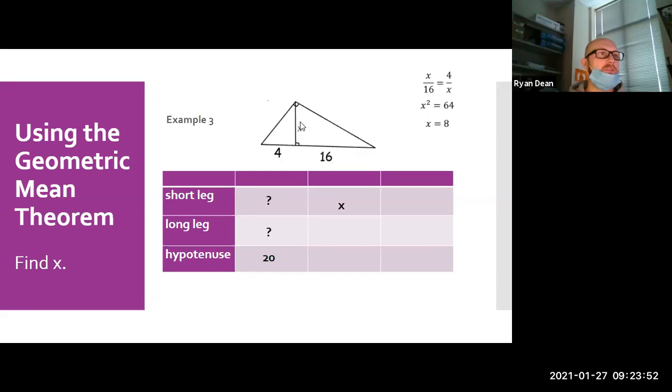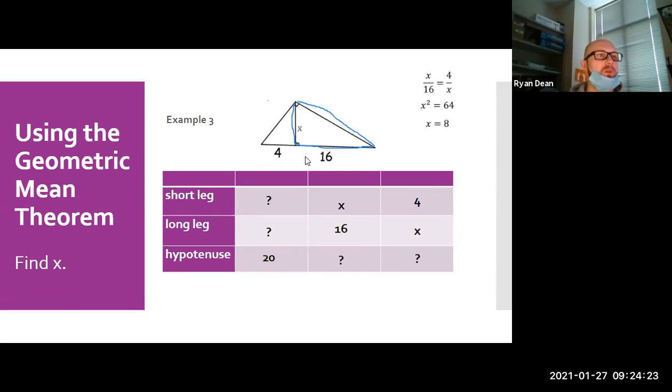For the second largest triangle, the short leg is going to be X. The long leg is 16. We don't know the hypotenuse. For the smallest triangle, we know that the short leg is 4, the long leg is X, and we don't know what the hypotenuse is.